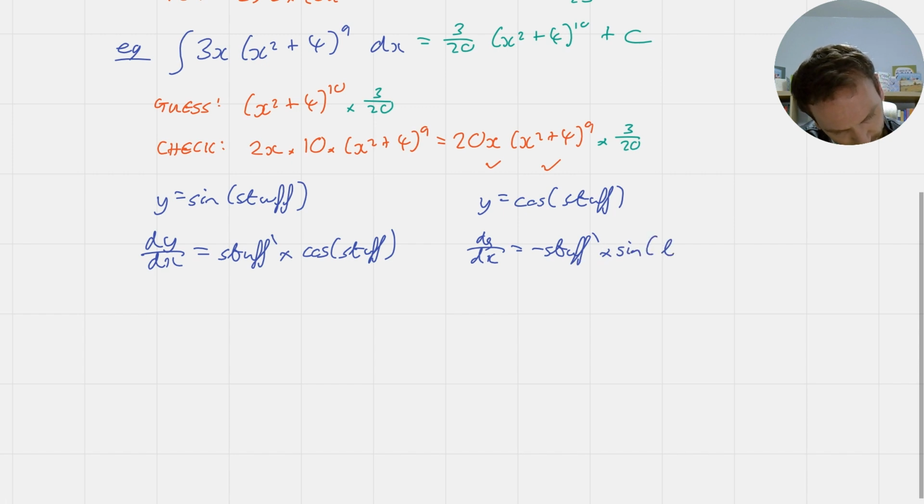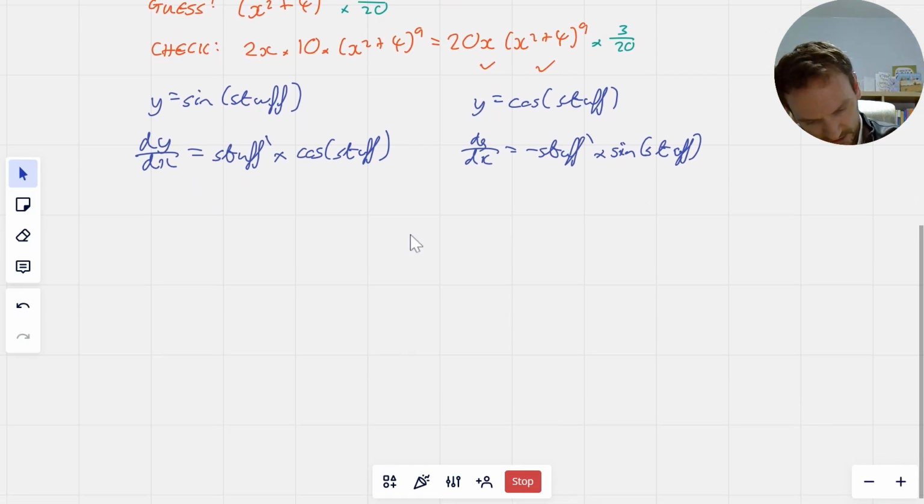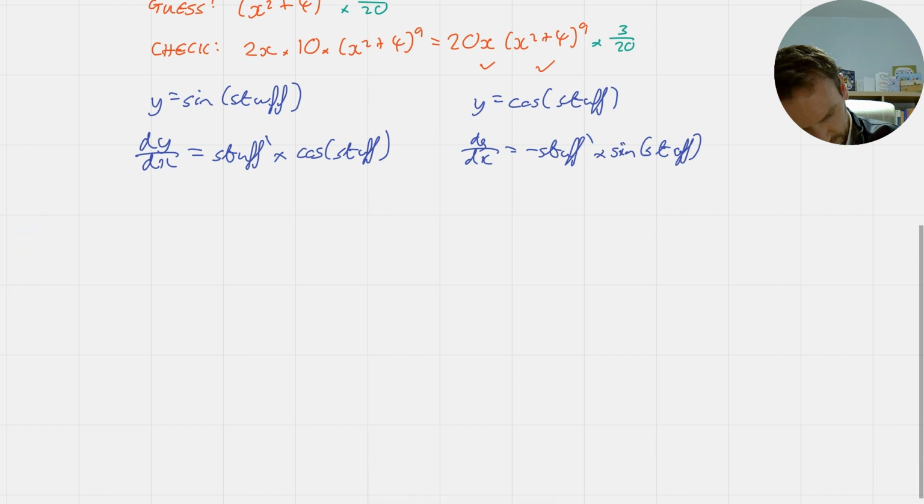So if ever we find ourselves dealing with something that looks like stuff differentiated times cos of stuff or stuff differentiated times sine of stuff, we can deal with the negative as we need to. Then we can hopefully use the same guess and check idea. So let's have a look at an integral where that's going to come into play here then.